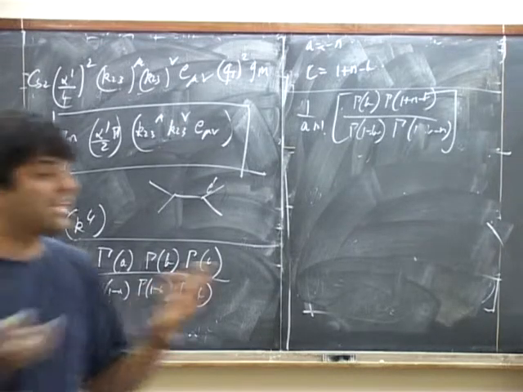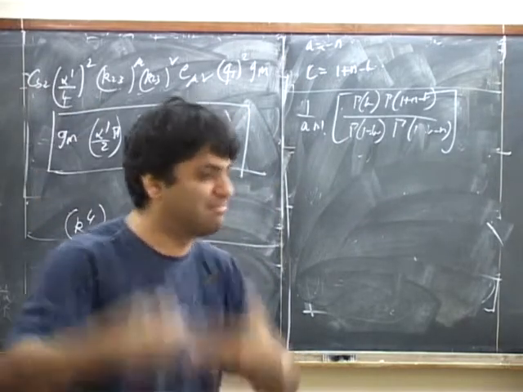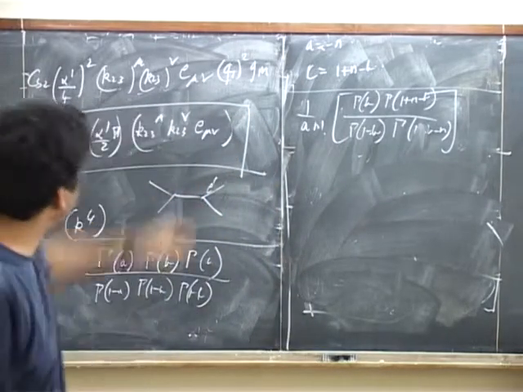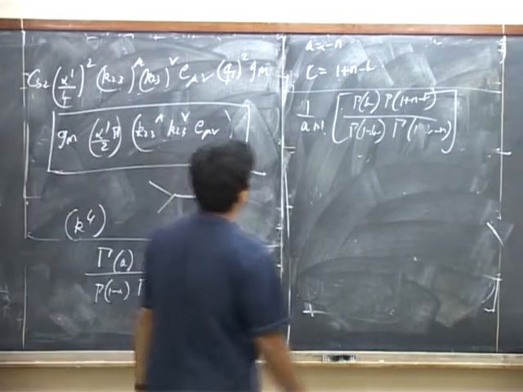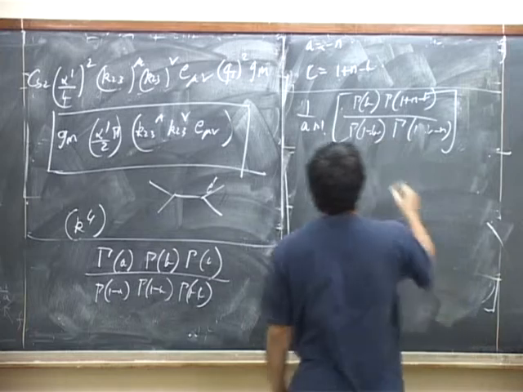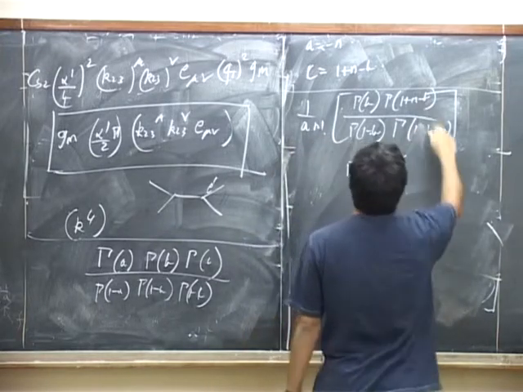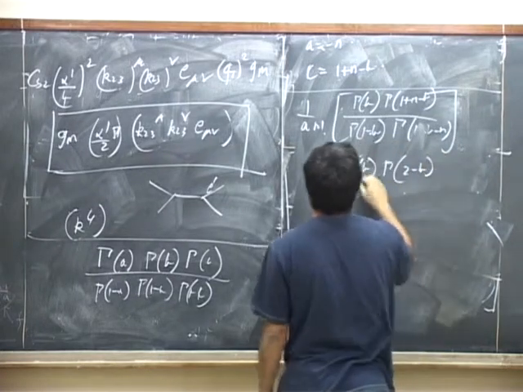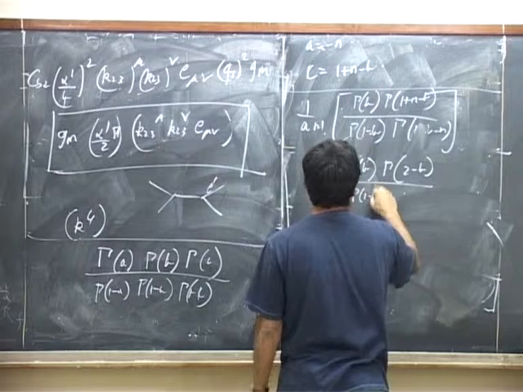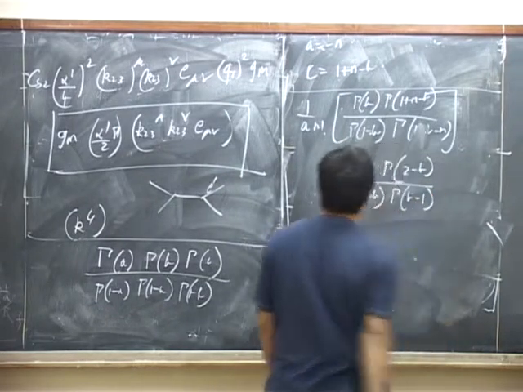However, we can use properties of the gamma functions. The fact that gamma of n plus 1 is n times gamma of n. We get a simple formula for this. Let's do it for n equals 1. So for n equals 1, what do we have? We have gamma of b, gamma of 2 minus b over gamma of 1 minus b into gamma of b minus 1.